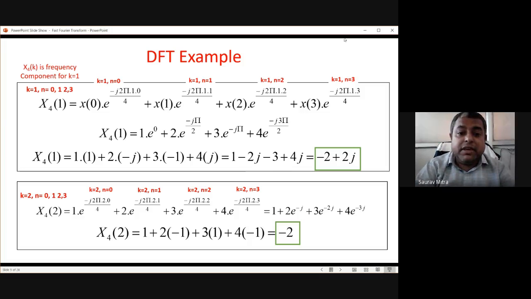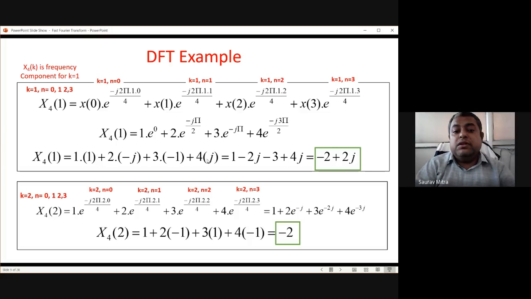That means this will be giving you the value as minus j, which is given here. What is here? Cos pi minus j sine pi. So cos pi is minus 1, which is given here, and sine pi is 0. Here this is e raised to minus j3 pi by 2. So this is cos 3 pi by 2 minus j sine 3 pi by 2. So that will be equal to plus j.